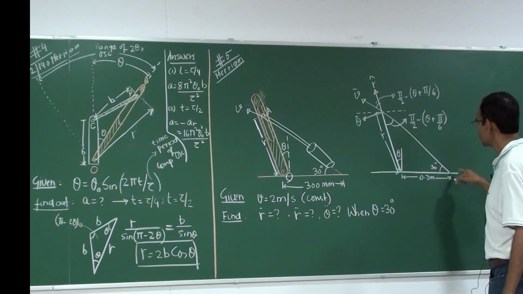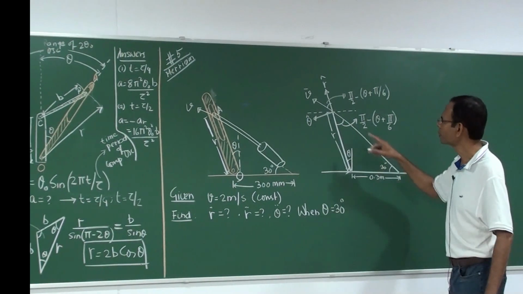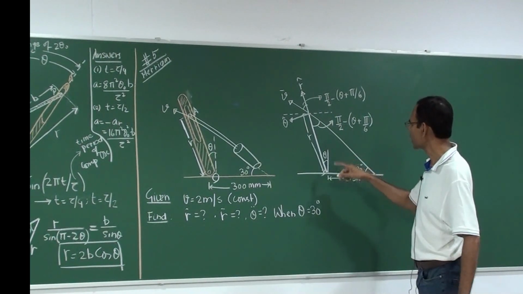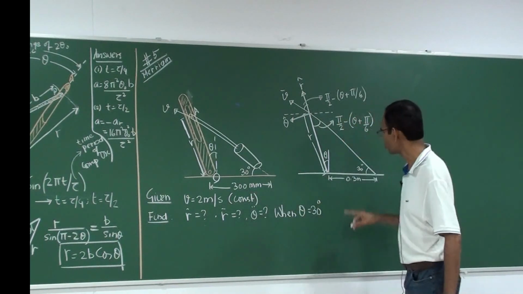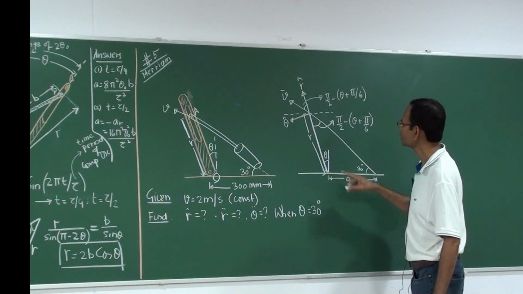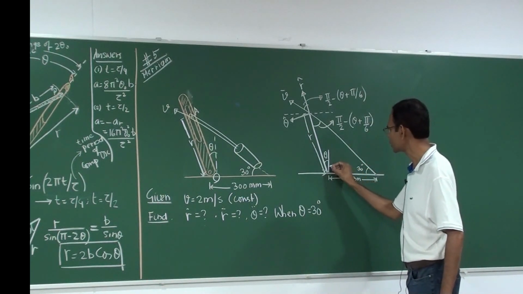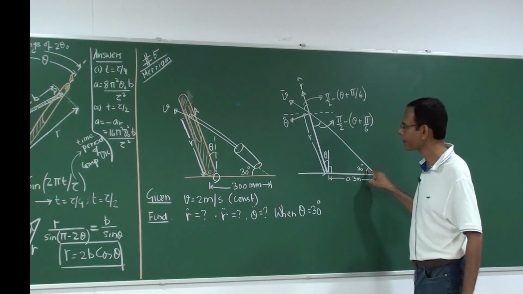Basically, you should do it by yourself without looking at the video. First, make this figure, as you see I have made this figure. 300 mm is written, so 0.3 meter I have written over here. This is your R, this angle is theta, this angle is obviously 90 degrees, this is 30 degrees, that is pi by 6.